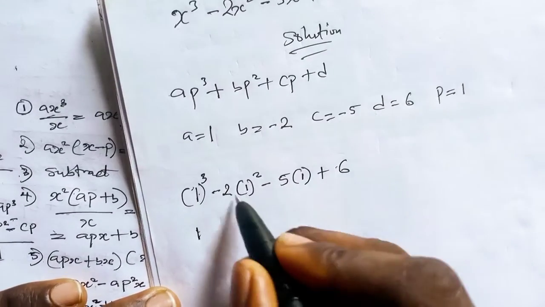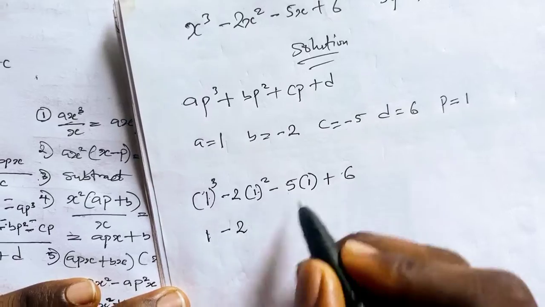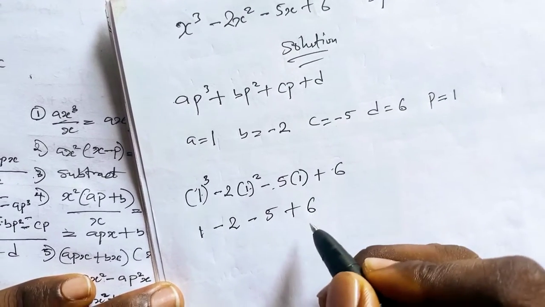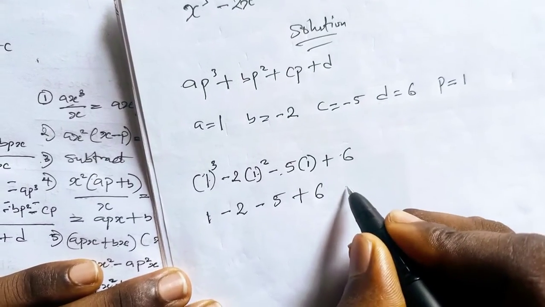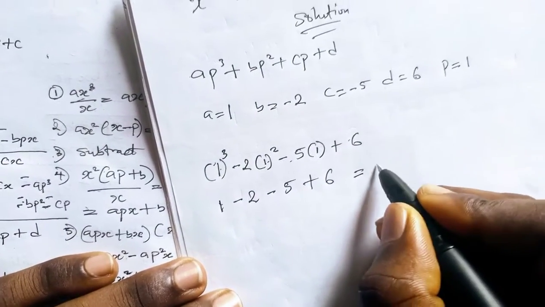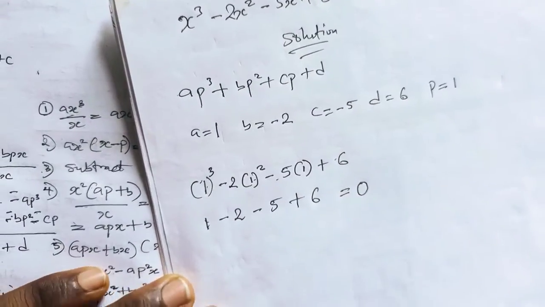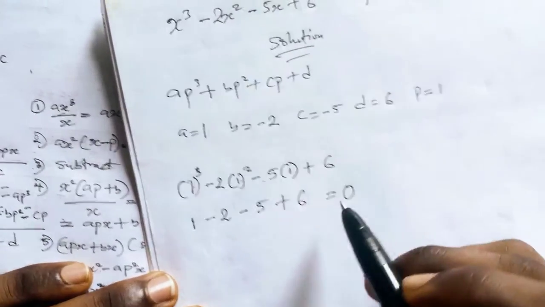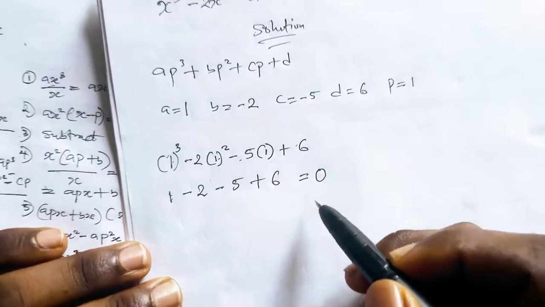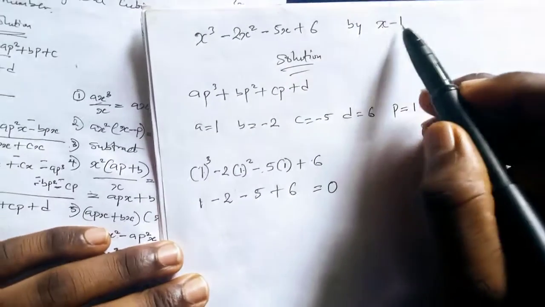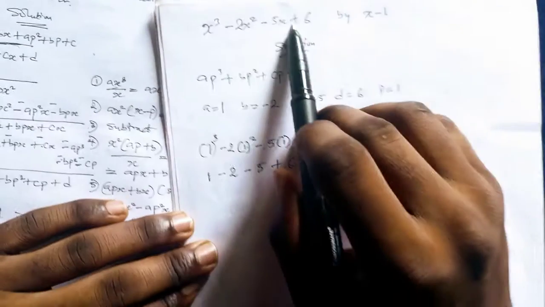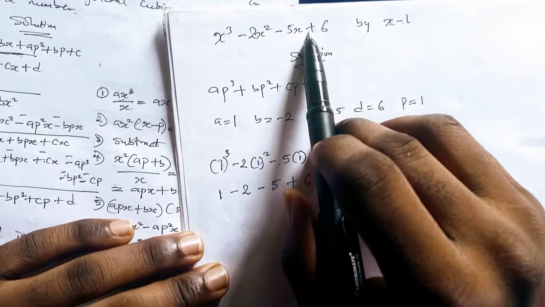And this will give me 1, negative 2, negative 5 plus 6. And this actually resolves to being 0. Now we can see that since our remainder here is 0, it means that x minus 1 is actually a factor of this cubic expression.